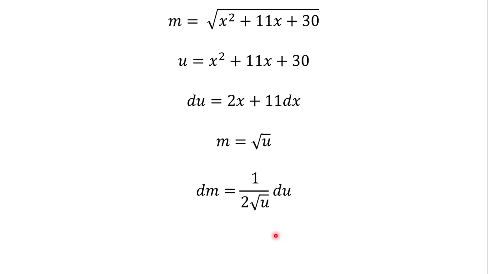Now when you replace it here, the u is multiplying it, so when this one comes down here, it's going to multiply. So when it multiplies, you're going to get dm over dx is equal to (2x plus 11) over 2 times the square root of x squared plus 11x plus 30.